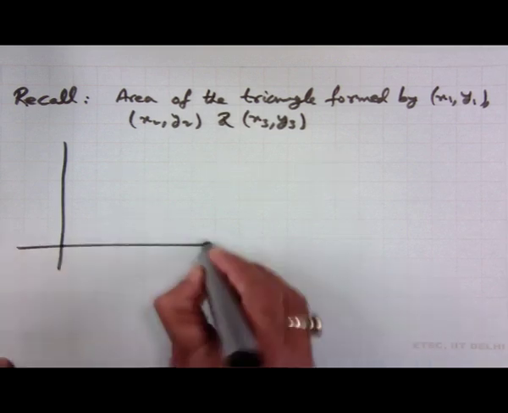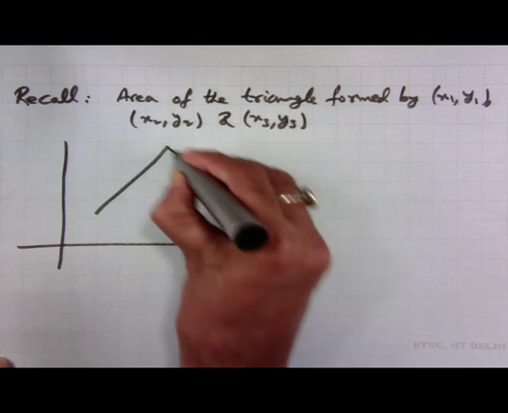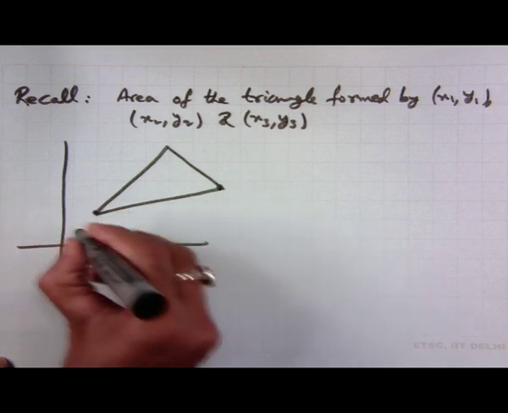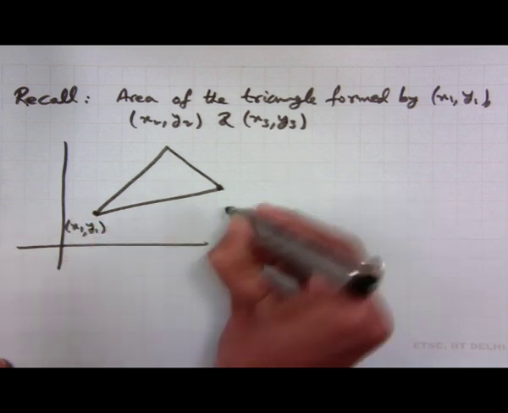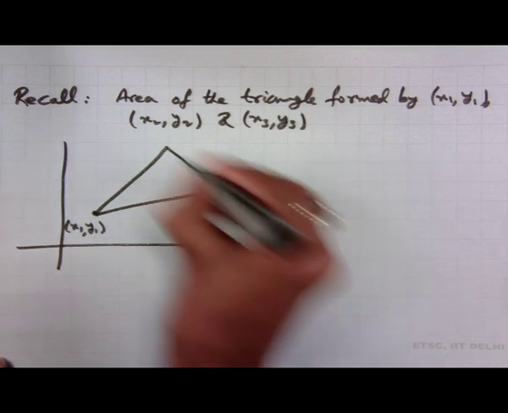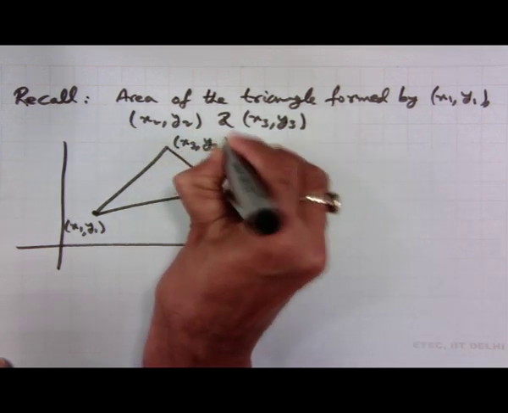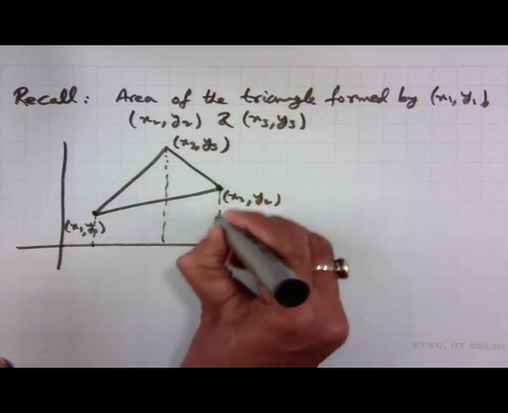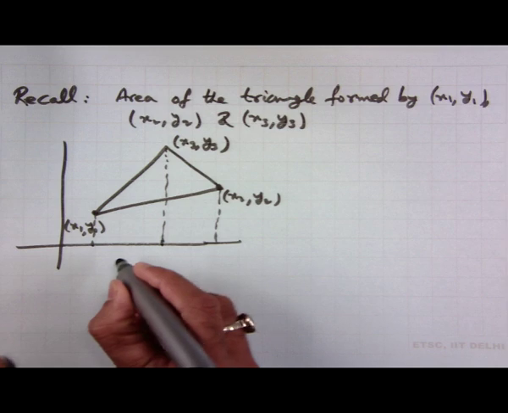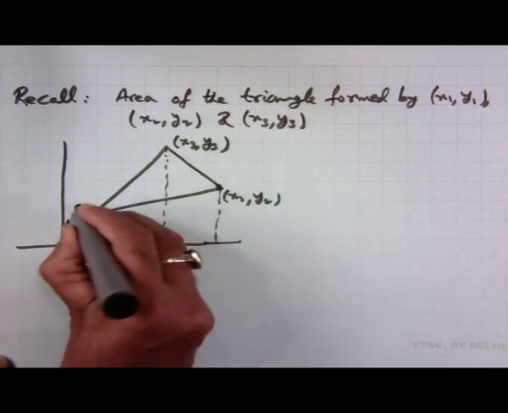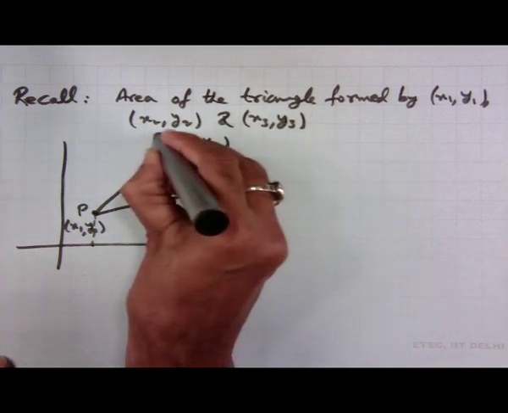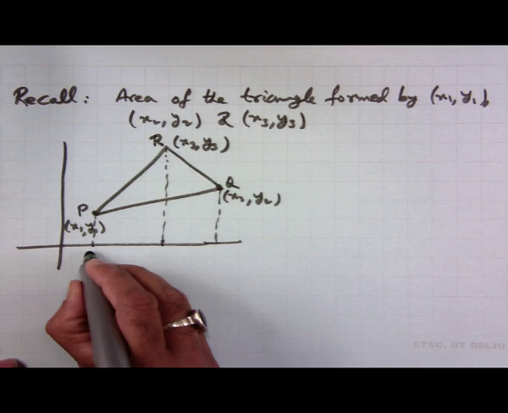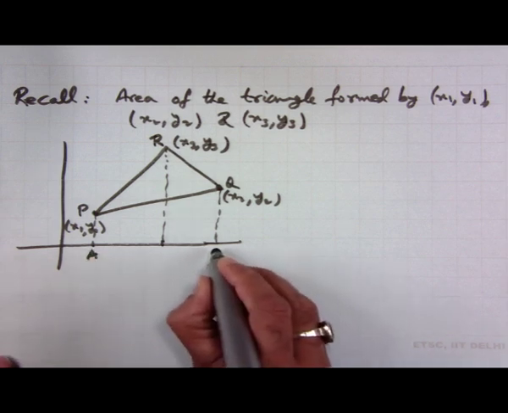If we have any 3 points, coordinates x 1 y 1, x 2 y 2 and x 3 y 3, and we drop these perpendiculars, these are points P, Q and R, and let us call these A, B and C.